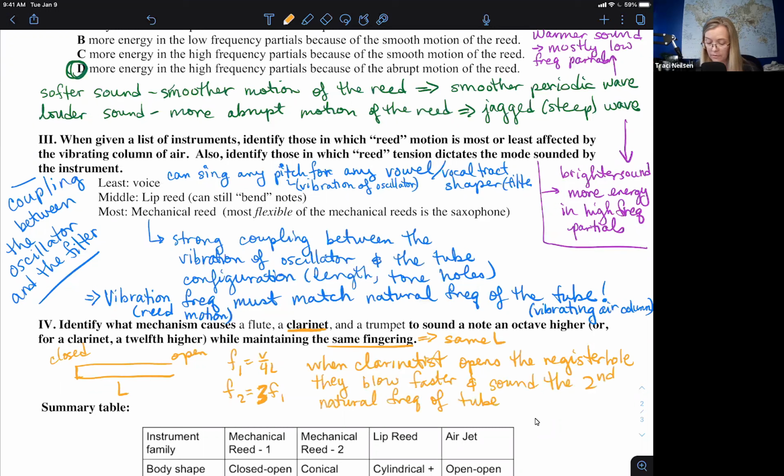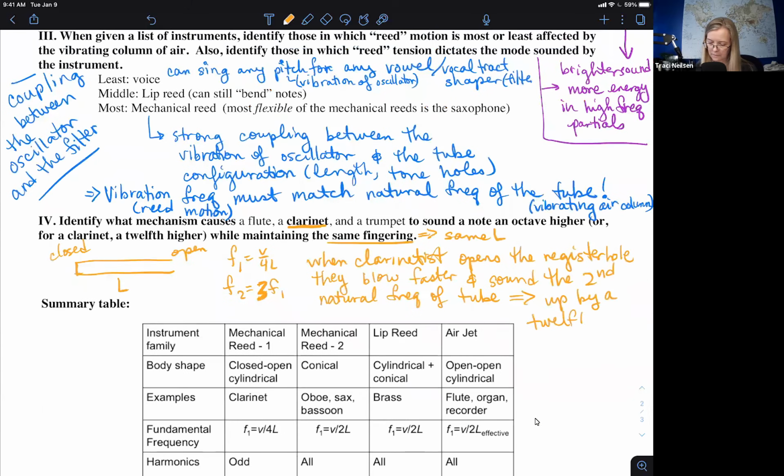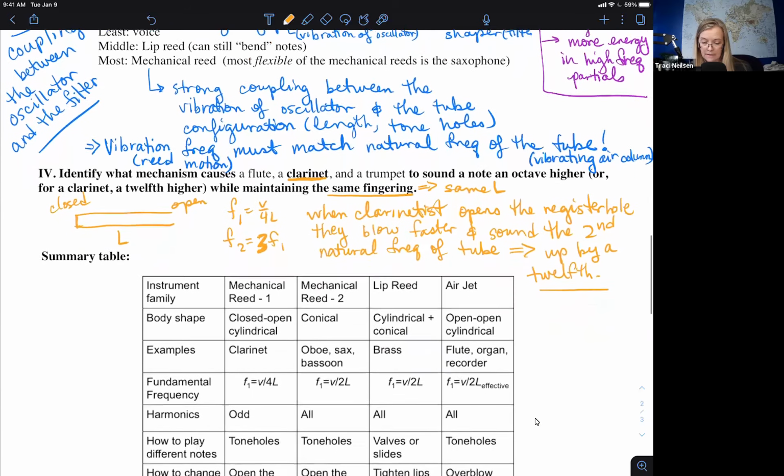Okay, so instead of playing the pitch of V over 4L, say that's 260, middle C, then they would do F2, which would be 3 times that, which would be roughly 780. So that's for the clarinets.